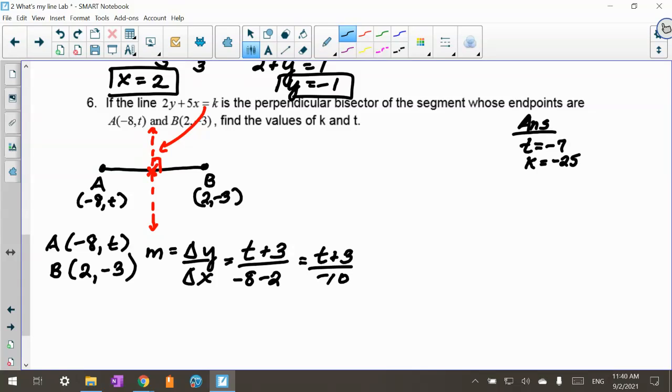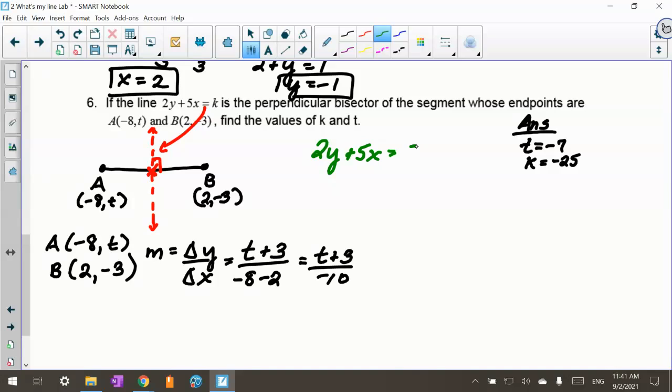You're like, well, that's helpful. I have a t in my slope. That's okay. So I'm like, did they give us another clue? Well, they said this dotted line here, 2y plus 5x equals k, is a perpendicular bisector. So I'm thinking, I know the slope of this. If I can find the slope of this, I know they're negative reciprocals. Okay? So let's see what we got here. So I got 2y plus 5x equals k.